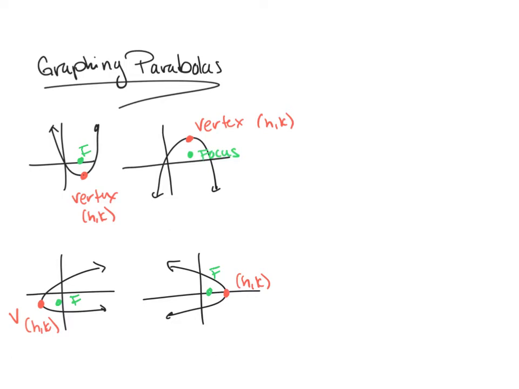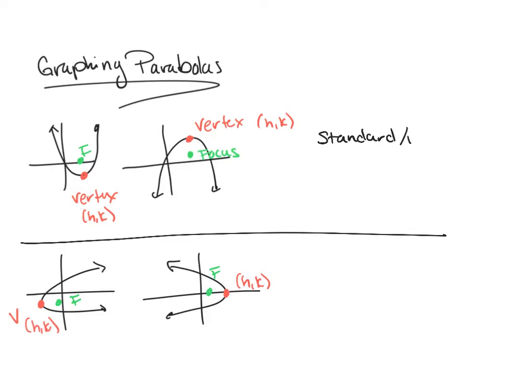Before I show you that, though, the last thing that I want to write down before going to the next slide is the standard form for each of these parabolas. So let me divide this into two parts, the top and the bottom. If a parabola opens up or opens down, the standard form or vertex form of the parabola's equation looks like this.